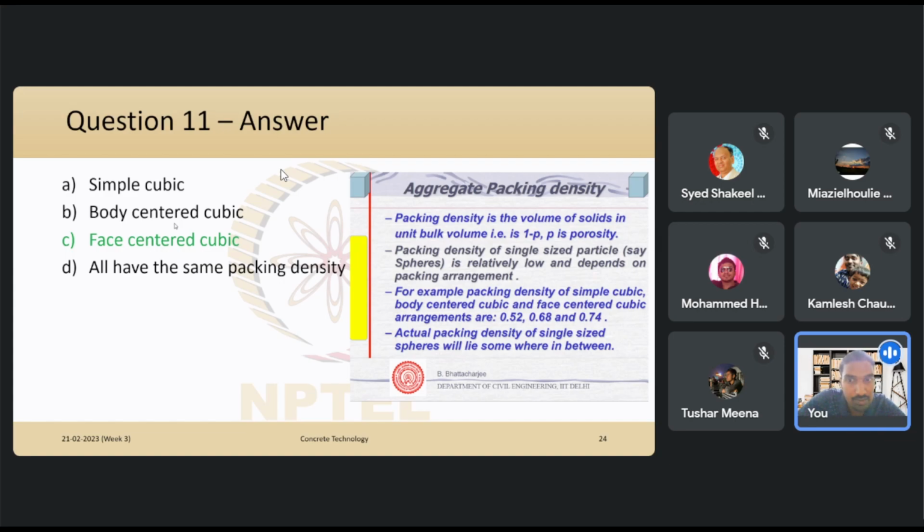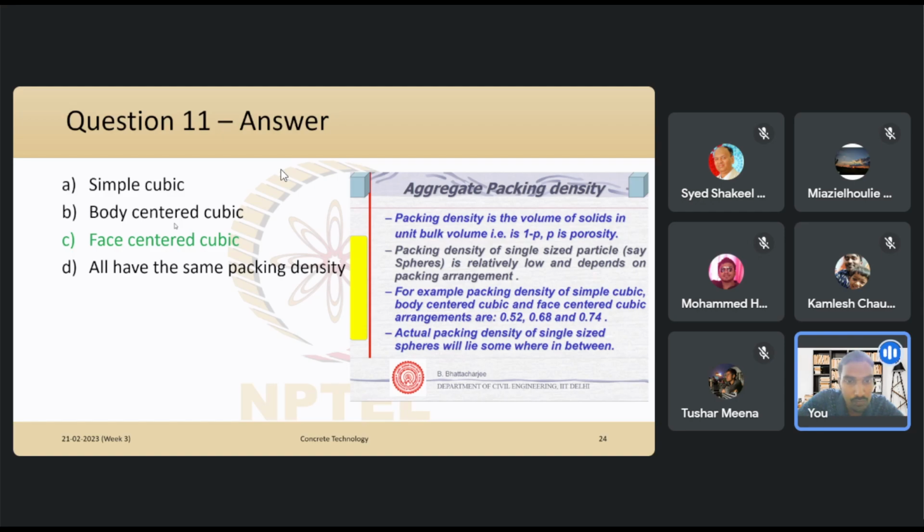When you come to face centered, instead of having one particle in the center of the cube, we have particles along the sides of the cube, such that particles on 2 sides are going to be touching each other, right? So it is like contributing half. The particle on each face is going to have half of its volume inside the cube and half outside the cube, and then again there are going to be particles on the 8 corners, right?